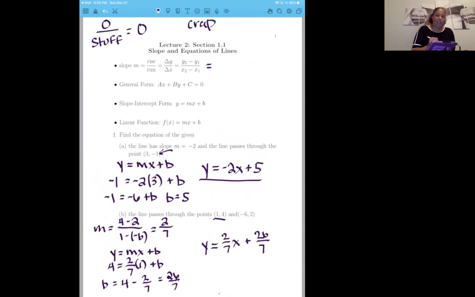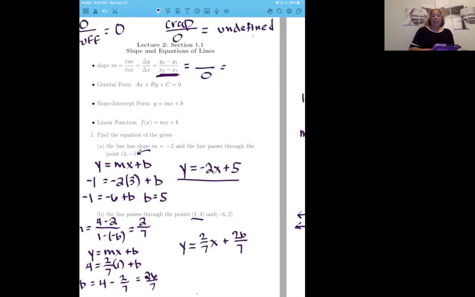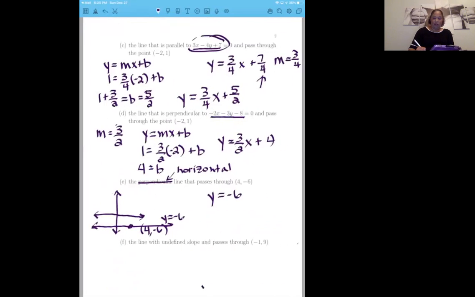But something over 0 is undefined. So what I need to happen is I need this denominator to be 0. If that denominator is 0, then I have an undefined slope. And that will happen when the x values are exactly the same. And when all the x values are the same, that's going to give me a vertical line, right?